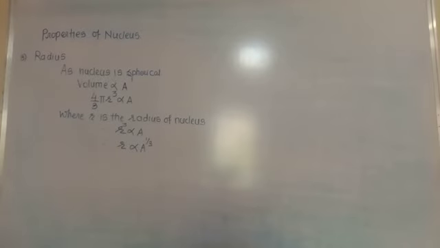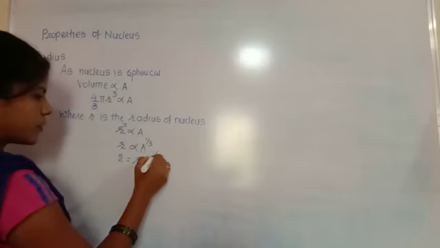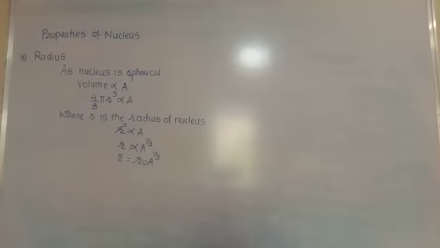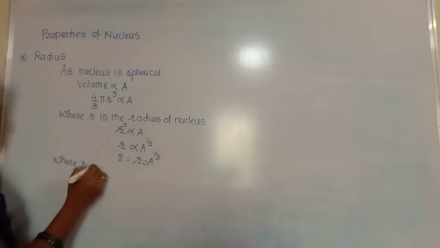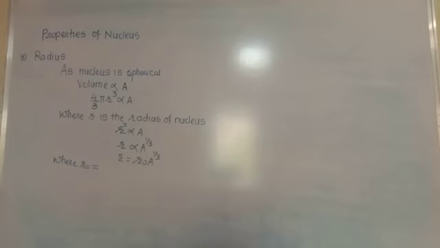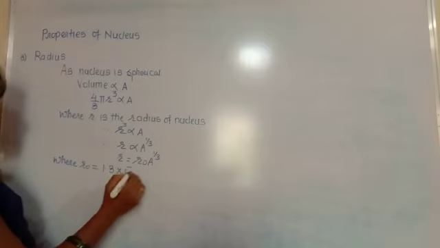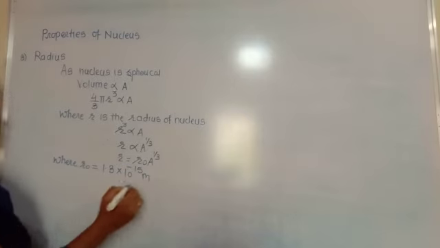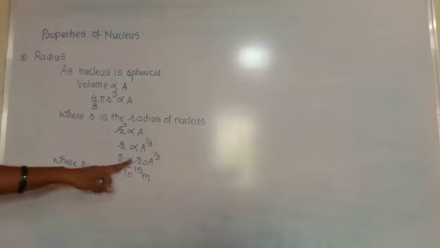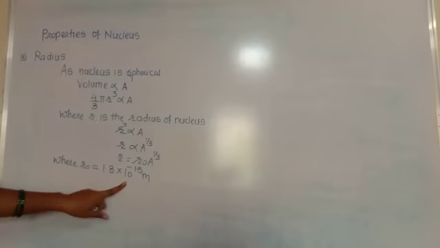If we remove this proportionality sign, we take some constant, so therefore R is equal to R0 A to the power 1/3, where R0 is the constant, with value 1.3 into 10 to the power minus 15 meter.